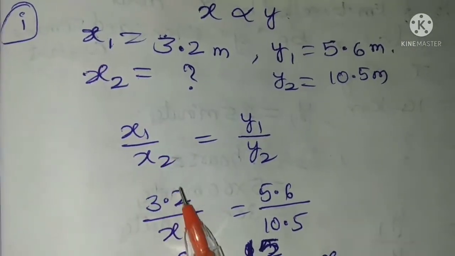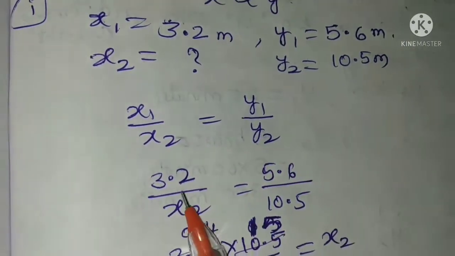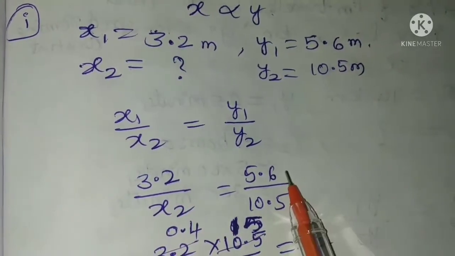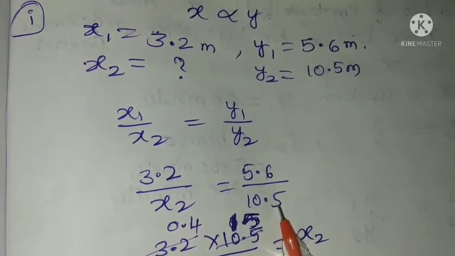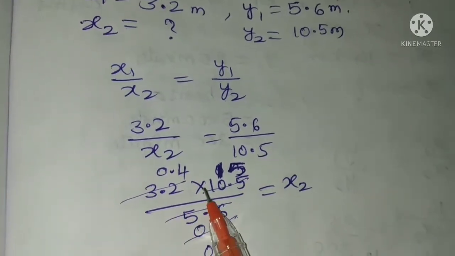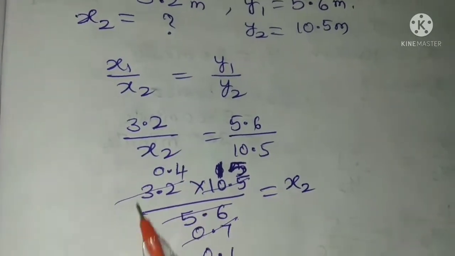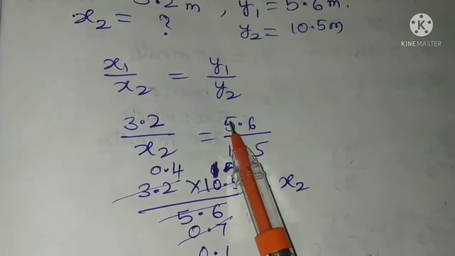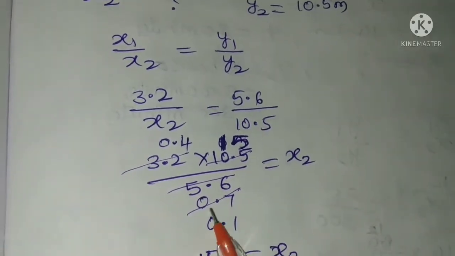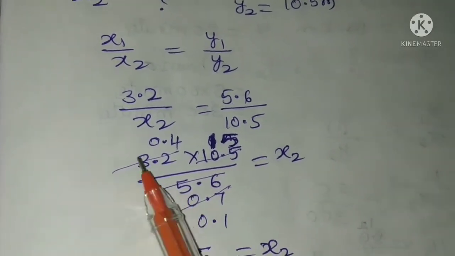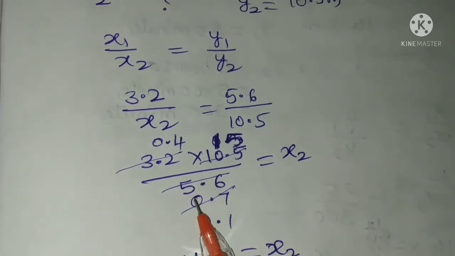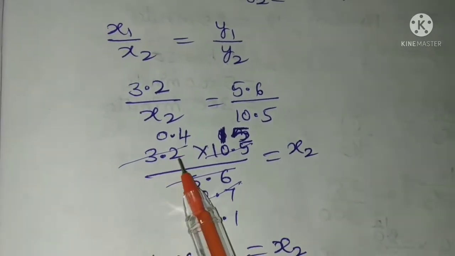Now, x1 by x2 is equal to y1 by y2. 3.2 by x2 is equal to 5.6 by 10.5. So here 3.2 into 10.5 by 5.6 is equal to x2. Now 8 times 7 is 56, so 0.8 times 0.7 is 5.6, and 8 times 0.4 is 3.2.